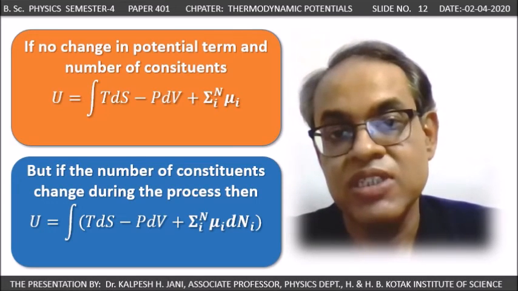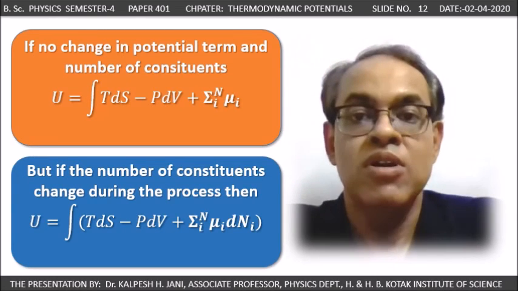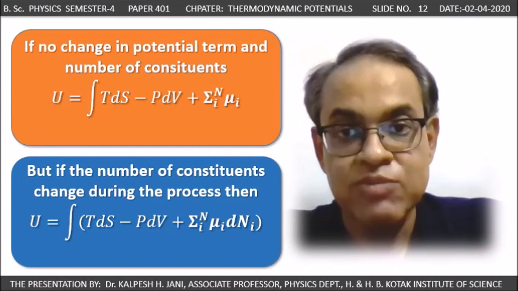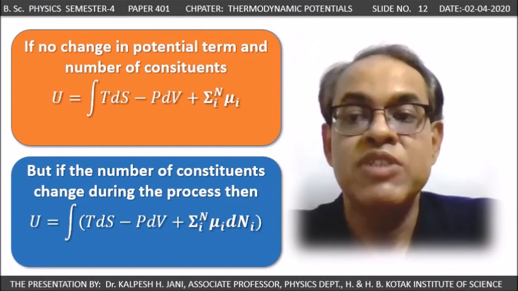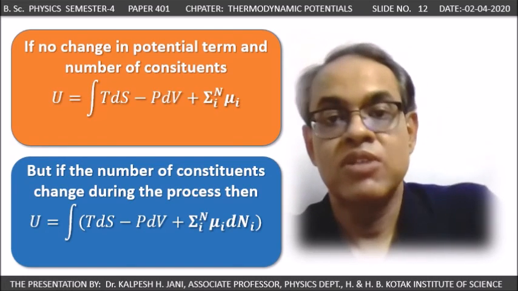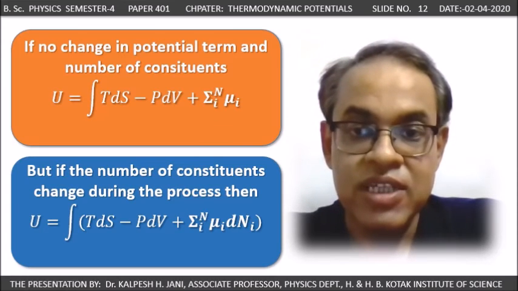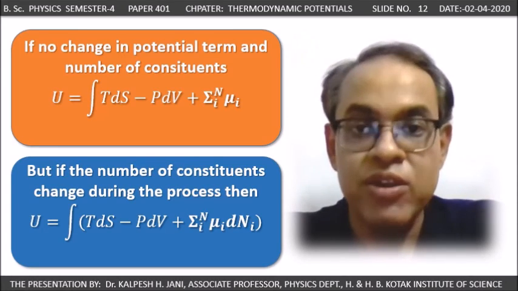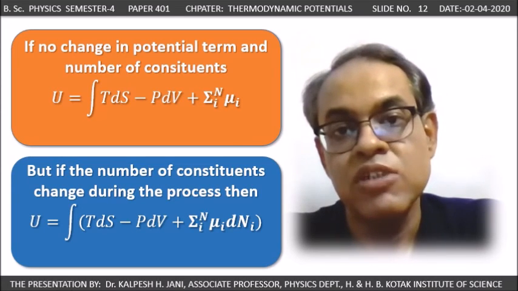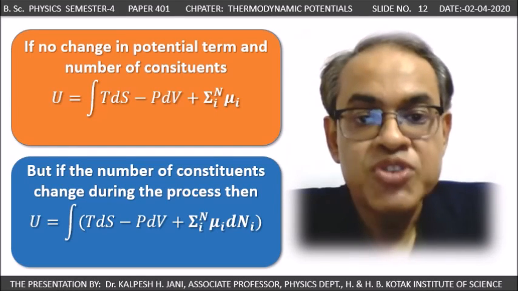So if we allow other gas molecules to come inside the system during the process, or we allow the gas molecules to go out from the system during the process, then there is a change in the total number of molecules during the process, and because of that change in the total number of molecules, the total potential term will also change.